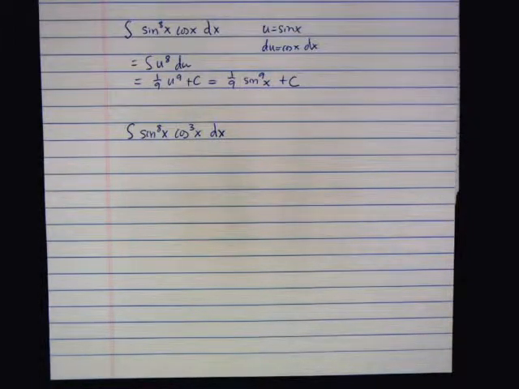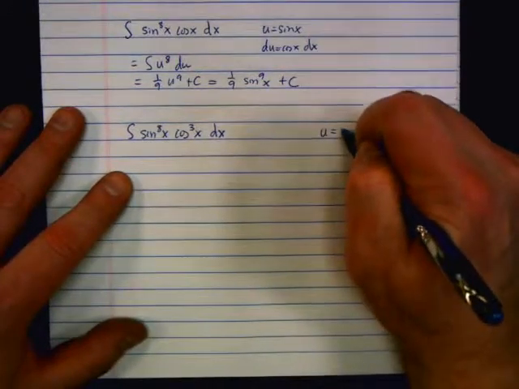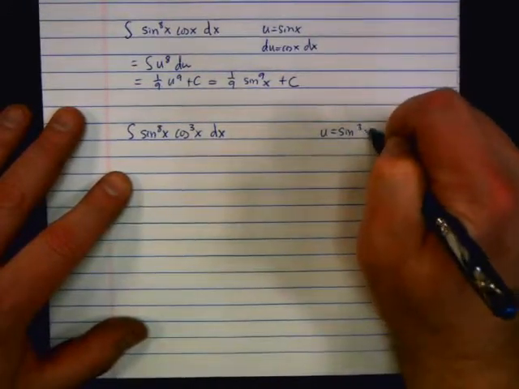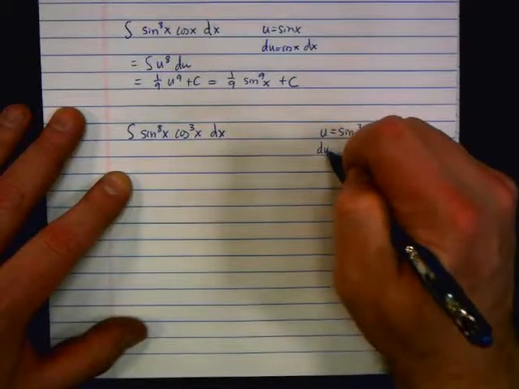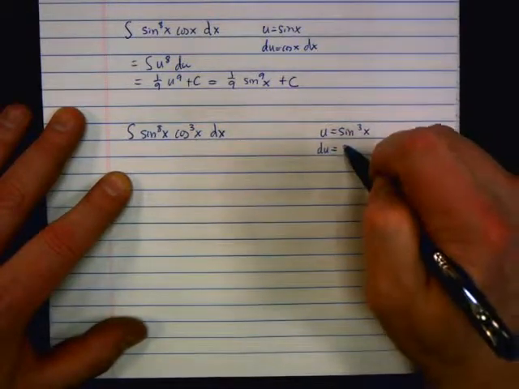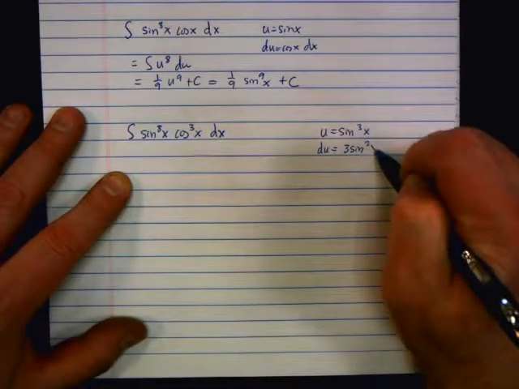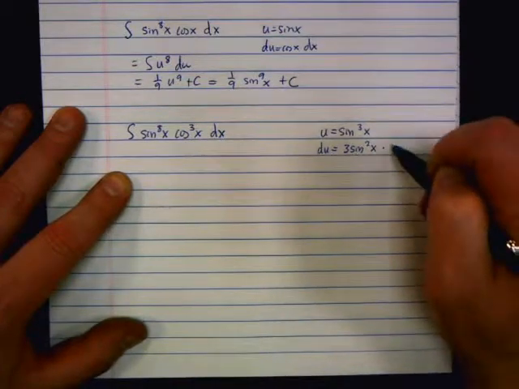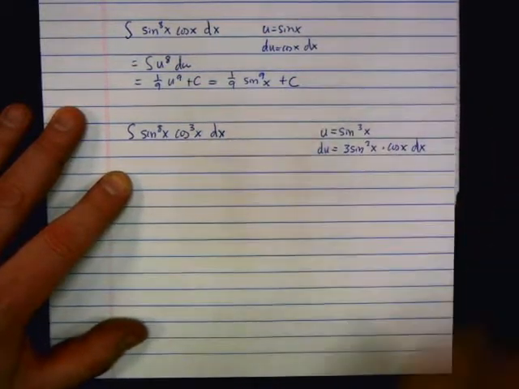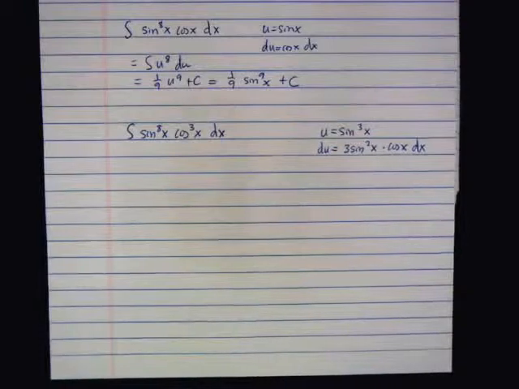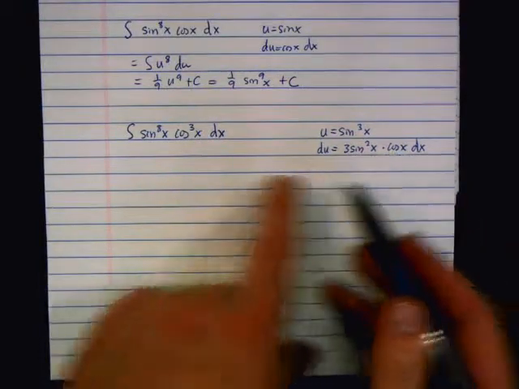U is going to be sine cubed x. No, you don't want u to be sine cubed x. Think of what would happen: du would be, using the chain rule, 3 sine squared x times cosine x dx. I don't think that would help. I don't think I'd be able to substitute that.